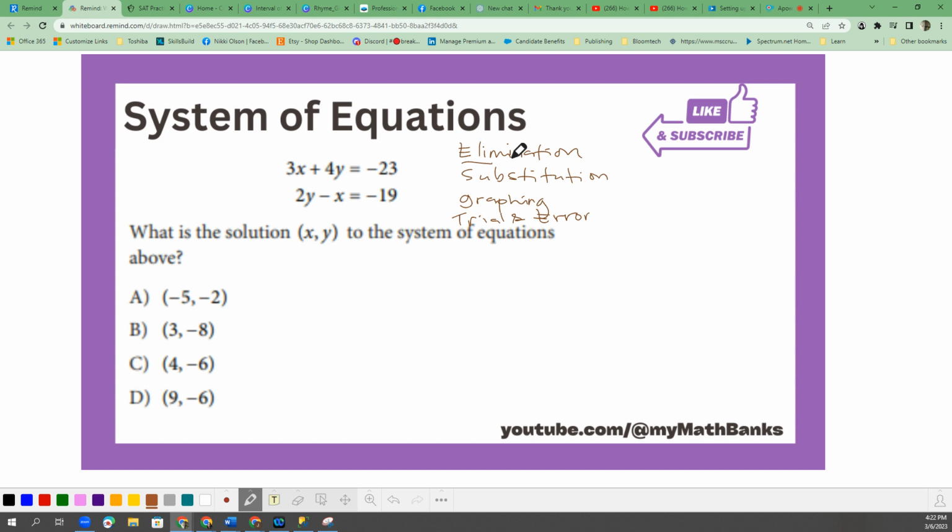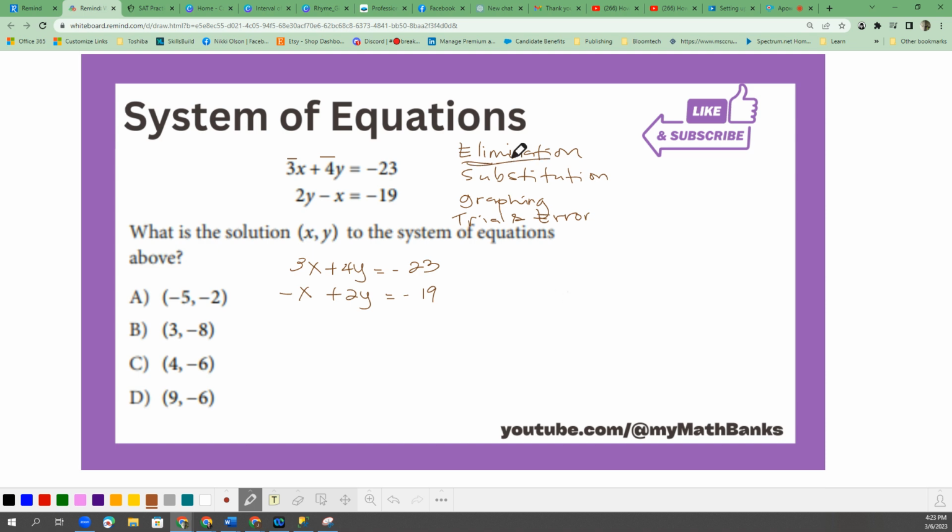Be mindful of your coefficients, or maybe just rewrite the equations such that the first equation has the x first and then the y, and do the same with the second equation, so it's easy to see what the coefficients of those variables are. So I'm gonna rewrite that here: 3x plus 4y equals negative 23, and the other one as negative x plus 2y equals negative 19.